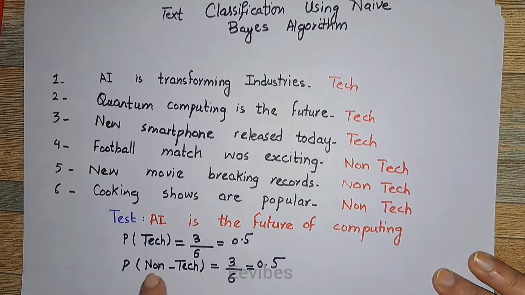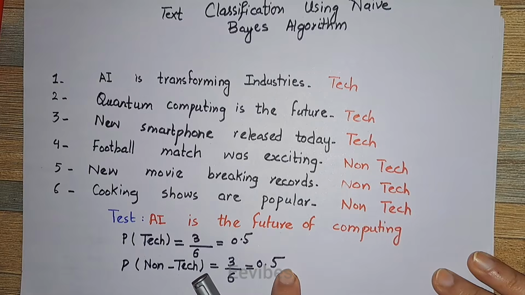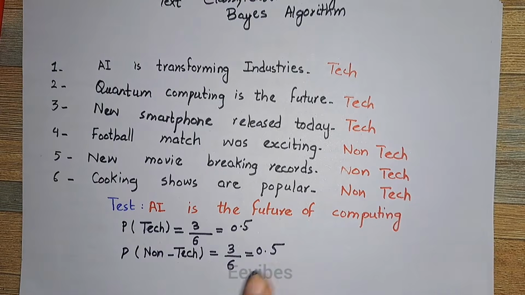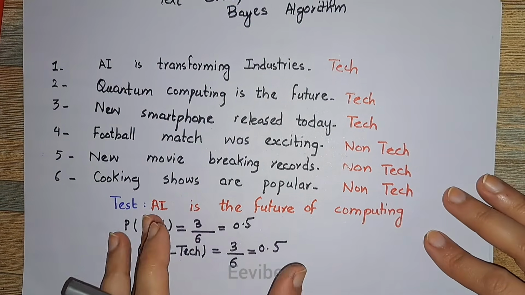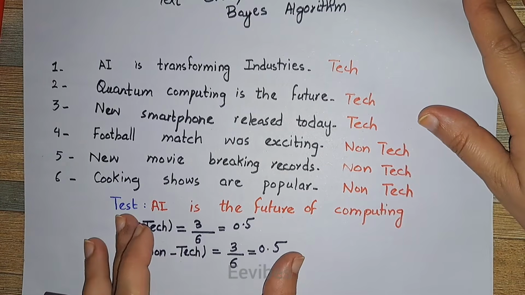Similarly, the probability of class non-tech is determined using the same formula, which gives us 0.5.